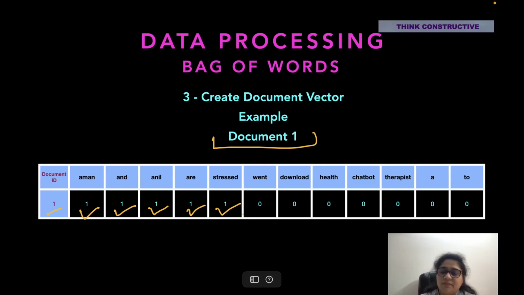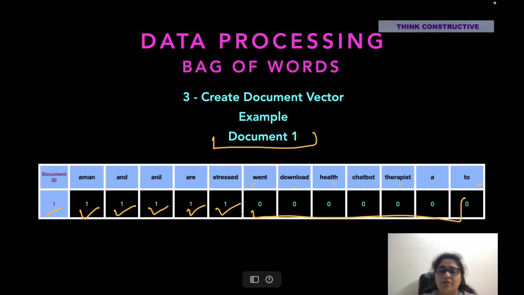And all these are coming only once in that. Other tokens or other words, went, download, health, chatbot, therapist, A2, all these are not at all coming in document 1. So under these, I have just kept 0. All right. Okay. So this is my third step. I hope it is very clear now.